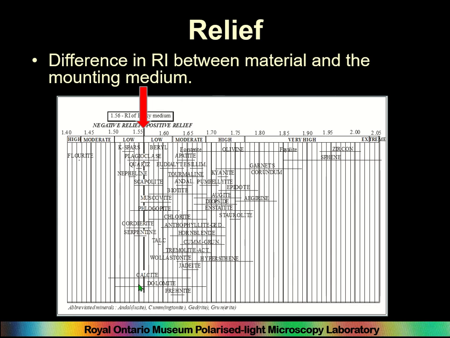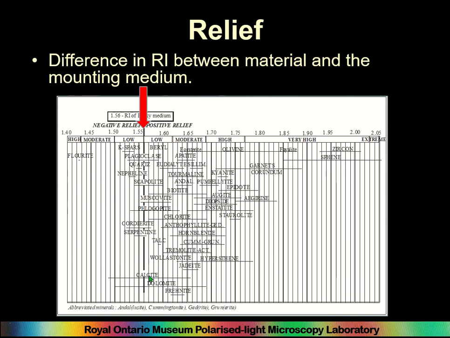Calcite and dolomite, the carbonates, are interesting in that they have a very wide range of refractive indices, so a very wide range of relief, because it goes from no relief to quite a moderate amount of relief. This is the only common mineral that does that. So one way you will be able to identify the carbonates is that the relief will be related to the orientation of the mineral in plane polarized light, because when you rotate the stage, it'll be different.